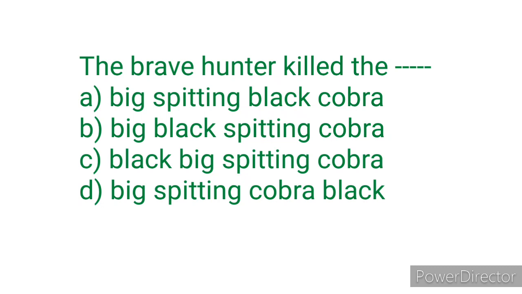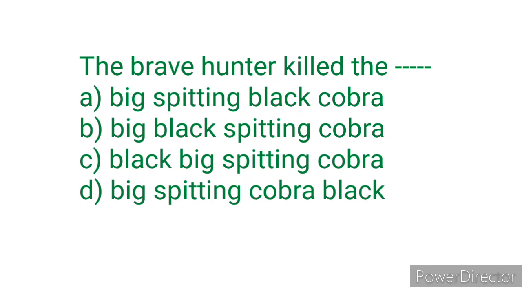Now the third thing, which is the size. Now the size is what? Big. So big is going to be the first item in the option we are going to select, because quantity and opinion are not available in the options. The size of the cobra we're talking about is big.